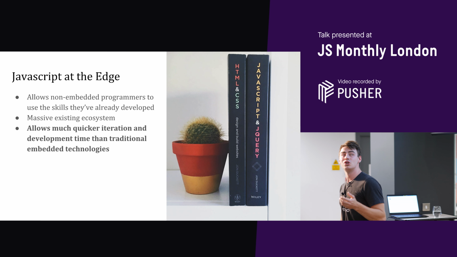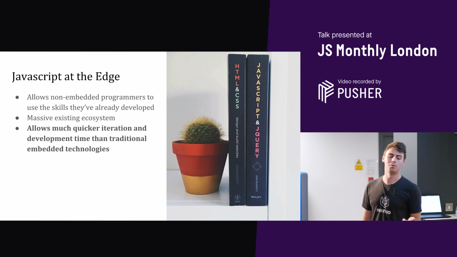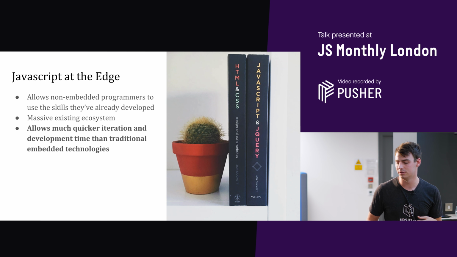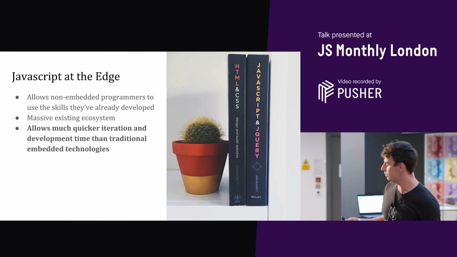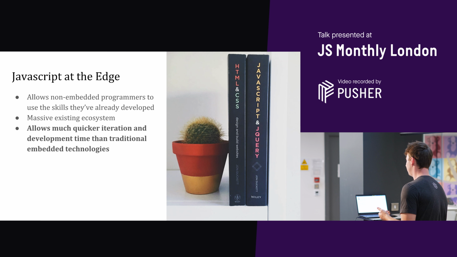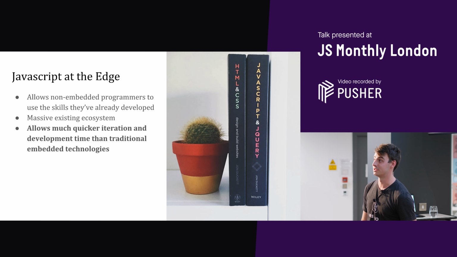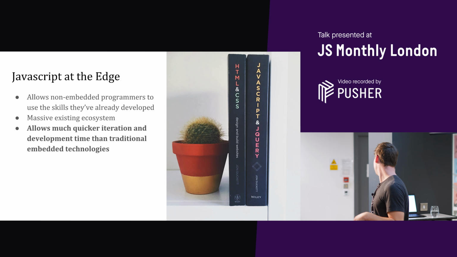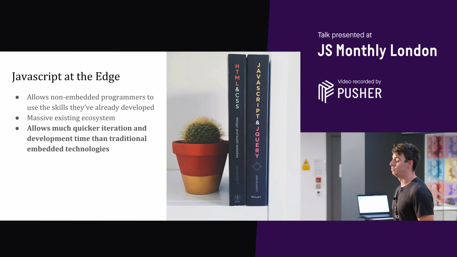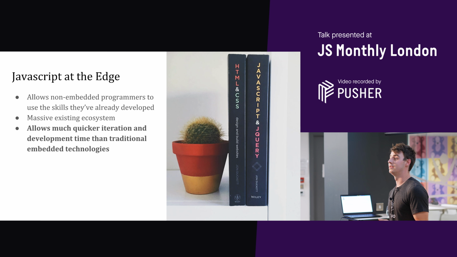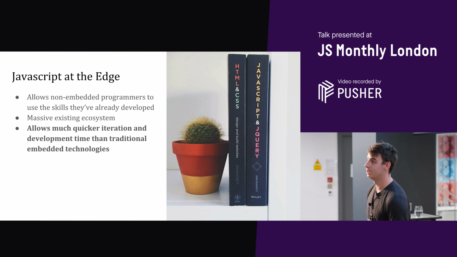So the next point doesn't just apply to JavaScript, but applies to higher level and more modern languages in general. In the past, embedded devices would have originally been programmed in C or C++, or at a push, even assembly. Partially this was because we'd need to squeeze every single CPU cycle or every single byte out of memory.